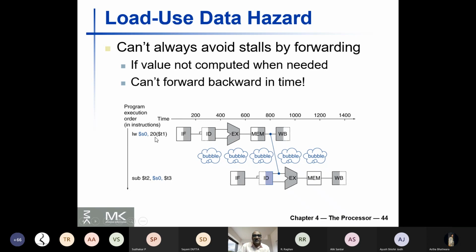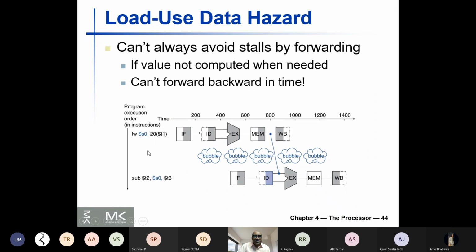The load instruction fetches the data from memory and places it in the S0 register, and that S0 content has to be used by the following arithmetic instruction. In this case, forwarding will not help you, because in the case of a load instruction, the data is not available at the output of the execution stage. The data has to be extracted from the memory and placed into the register file, so it is available only at the end of the memory stage.